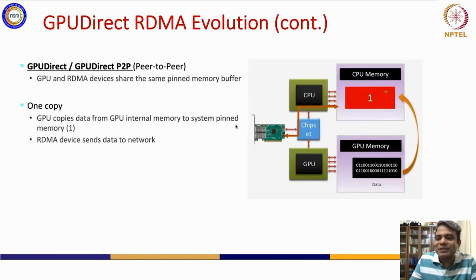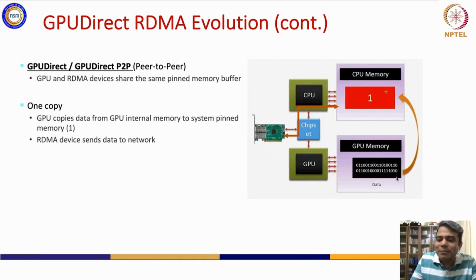Rather than doing this memory copy, we worked with chipsets and technologies where we said, let's have a unified memory in the system RAM, which is addressable simultaneously by the GPU as well as the adapter. Obviously, there are lock mechanisms implemented in the control plane so that you don't end up corrupting the memory.